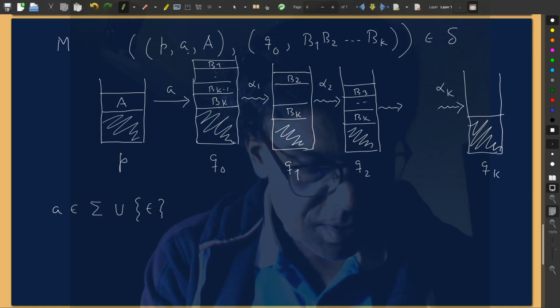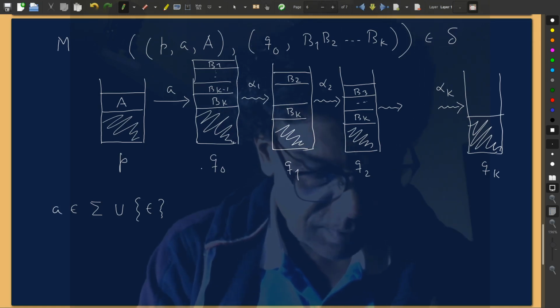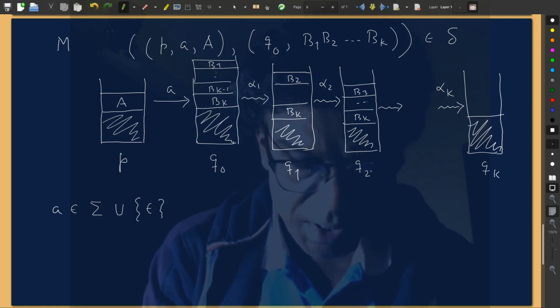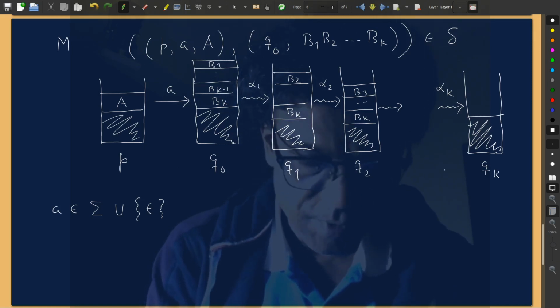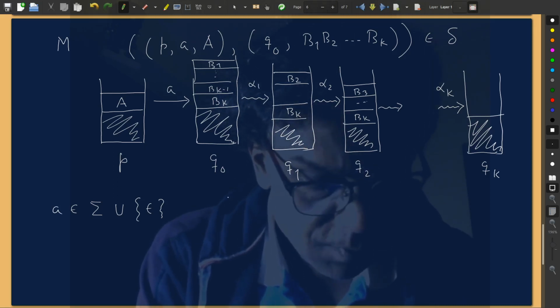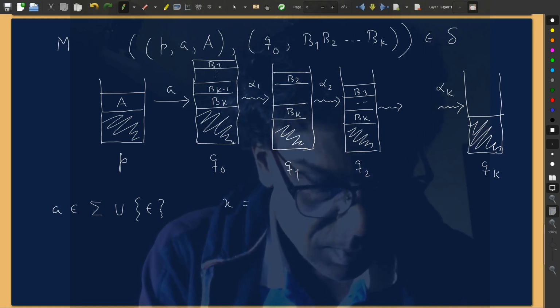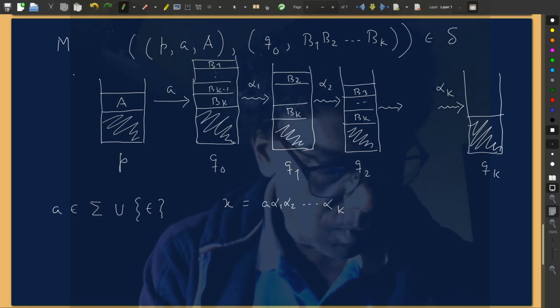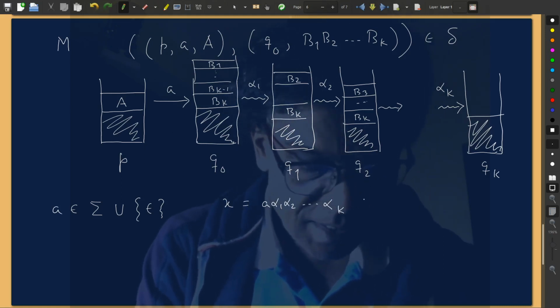Now this transition says that this next state must be Q0. Q1, Q2, Qk, these are for the future. So first of all, I take X to be A, alpha 1, alpha 2, alpha k. Moreover, M prime can guess.